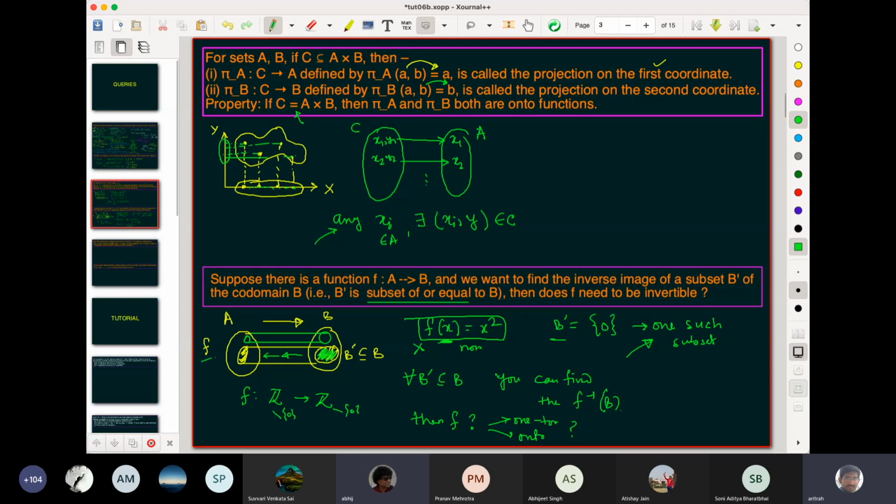We cannot tell anything about f with this. F inverse of B prime is defined as a subset of A. That's all, just a subset. Anyway, whoever questioned it, can you make it clear? Otherwise, we will move on.